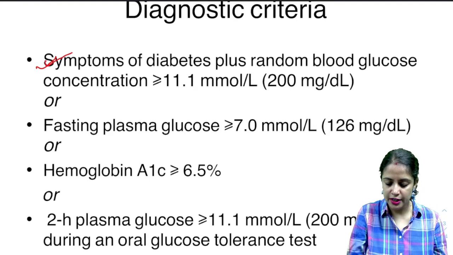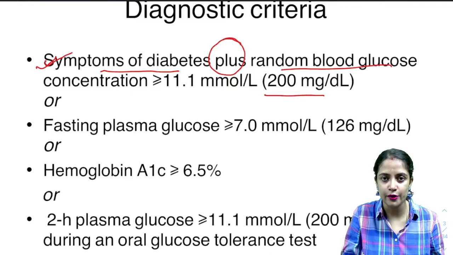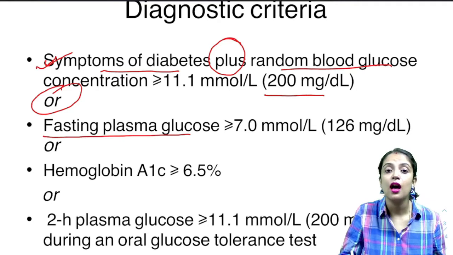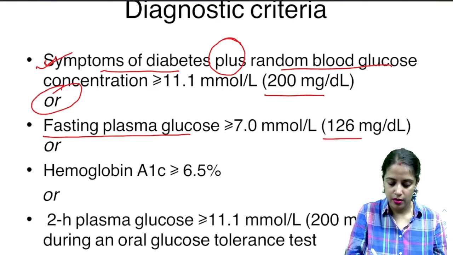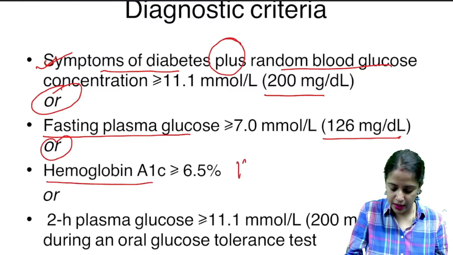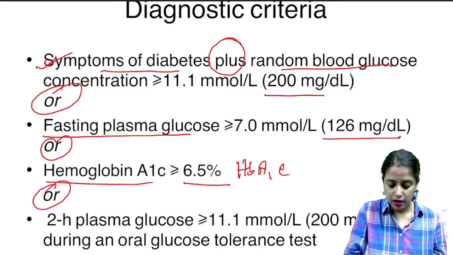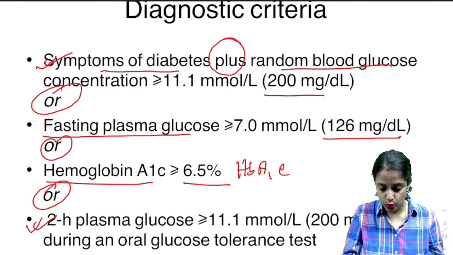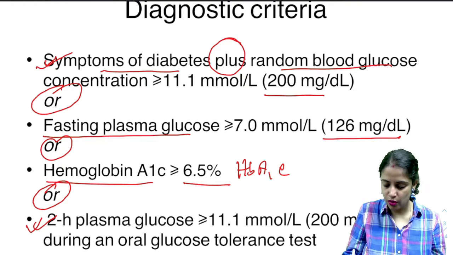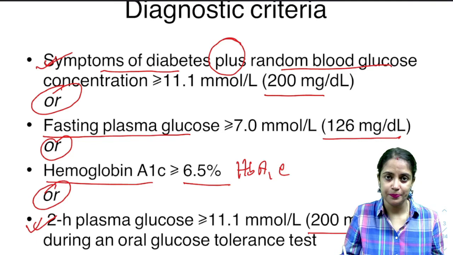Or if the fasting glucose is 126 or more, or HbA1c is 6.5 or more, or the 2-hour plasma glucose after an oral glucose tolerance test is 200 or more, then the patient will be diagnosed as a diabetes mellitus patient.